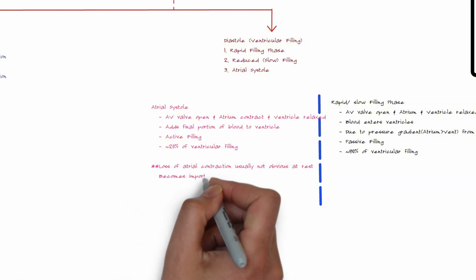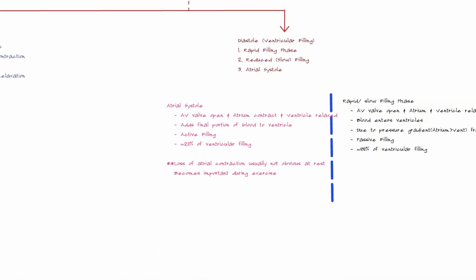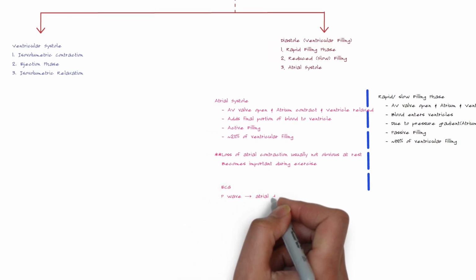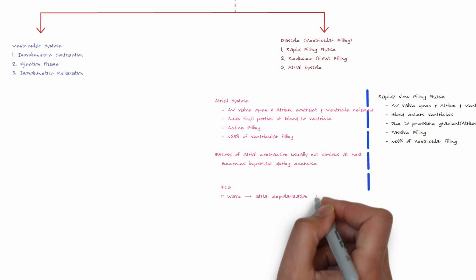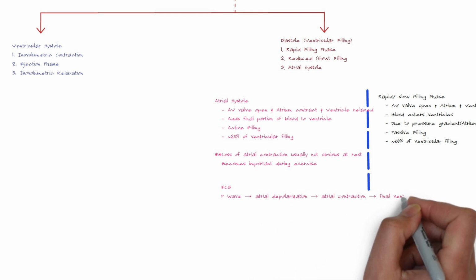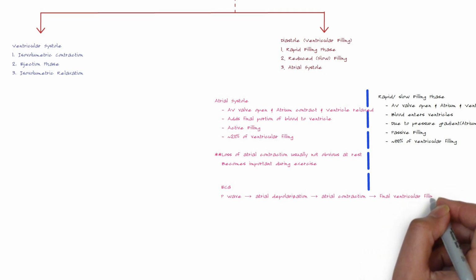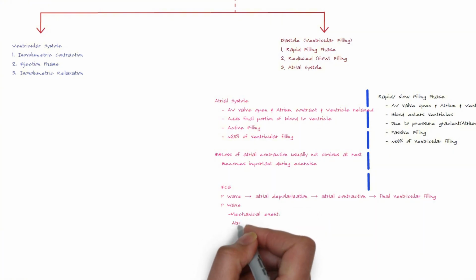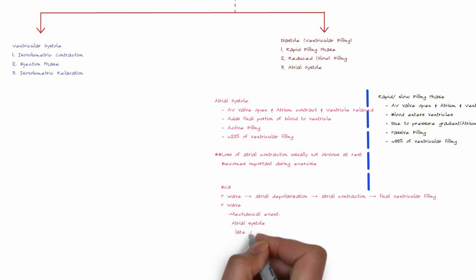Remember that the filling phase is responsible for filling the ventricle passively with 80%, while the atrial systole is responsible for active filling of the ventricle, and it's responsible for only 20% of the filling.